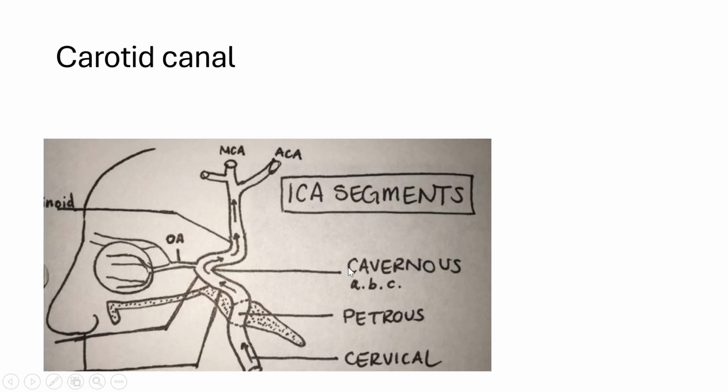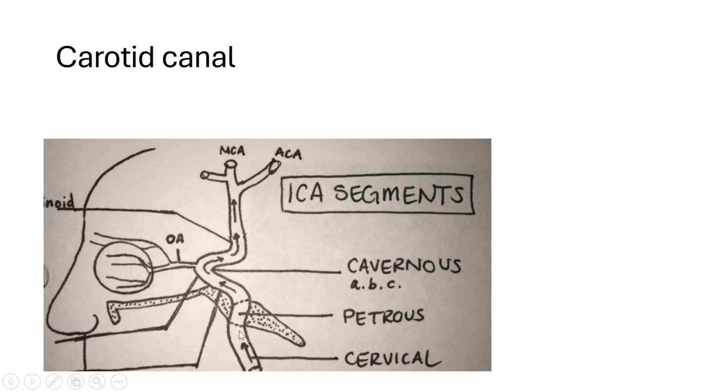Okay, not going into detail. Now what passes through the carotid canal? You see the internal carotid artery and the sympathetic and venous plexus around the internal carotid artery pass through. So can you understand this diagram? This is the petrous temporal bone. This is the inferior aspect of the petrous temporal bone where we saw this carotid canal. Now the common carotid will come, and the external carotid will go towards the face and neck, and everything is being supplied here.